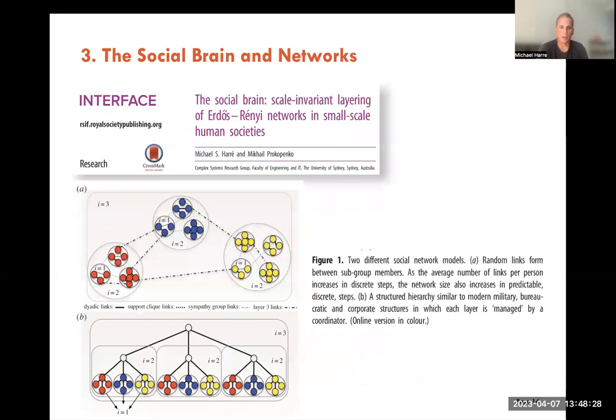And now we can look towards what is actually involved in these social networks, and we can compare and contrast different network structures to see which is probably a better fit to the data. So here we were looking to understand the way in which hierarchical networks formed and the statistics of hierarchical networks and how they might be compared with egalitarian, free-forming random networks.